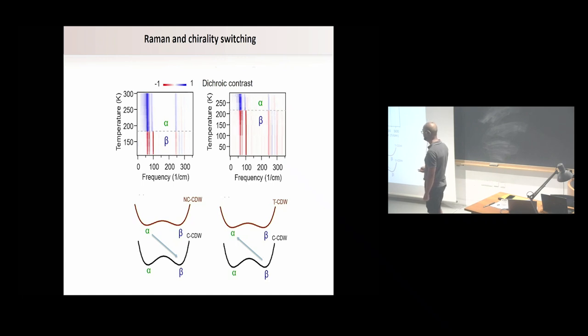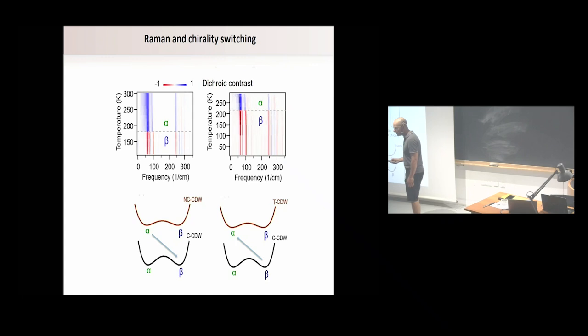And when you do the transition, you are just slightly changing the commensurability. Here we are almost commensurate. Here we become completely locked in commensurate. And what happens is that actually the system prefers to go from this minimum to this minimum instead of going from alpha to alpha. And same thing when you were commensurate before here and you heat it up. Well, for some reason here the activation path is such that it is favorable to switch chirality instead of maintaining it.